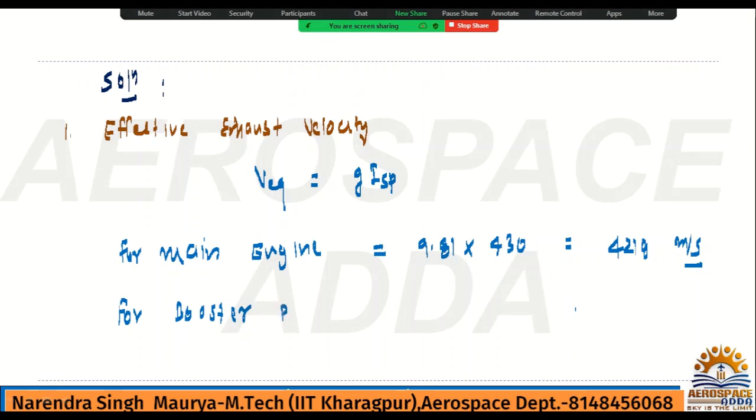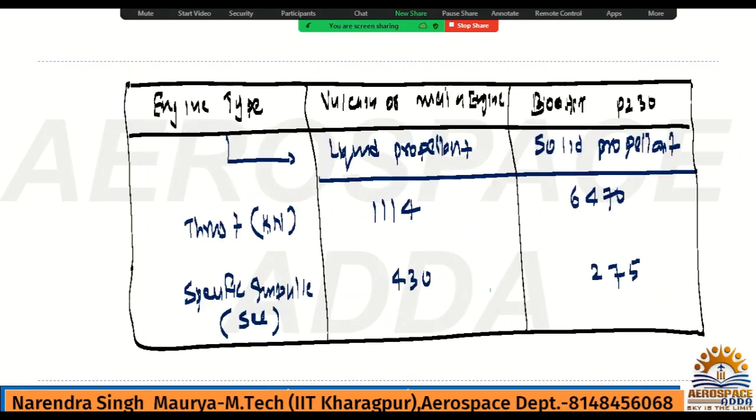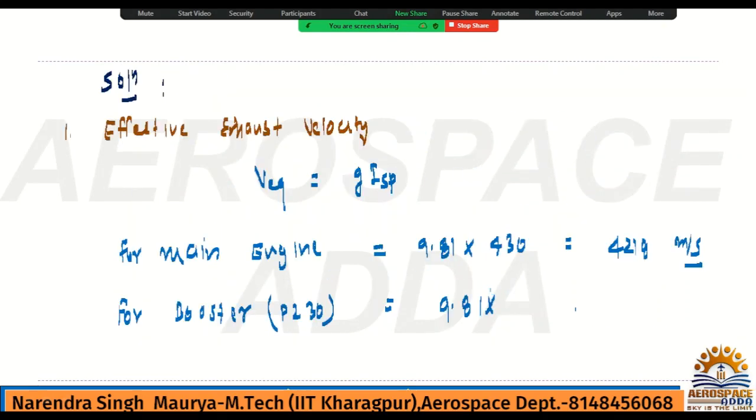And for the booster, it is g into ISP: 9.81 into ISP, I think 275 is given, 275, right? 9.81 into 275 is 2697.75.